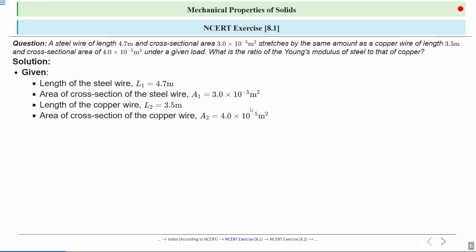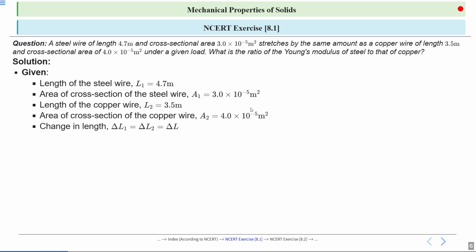Area of cross section of the copper wire A2 equals 4.0 into 10 raised to the power minus 5 meter square. Change in length delta L1 is equal to delta L2 is equal to delta L. It means both wires stretch by the same amount. So the change in length delta L is the same for both.